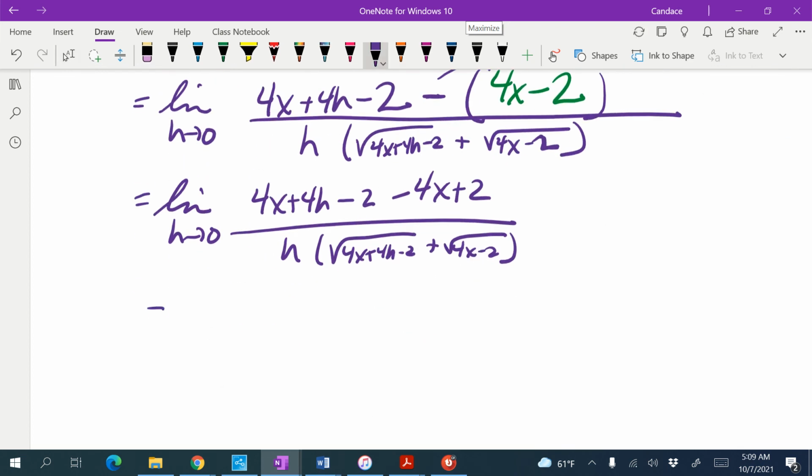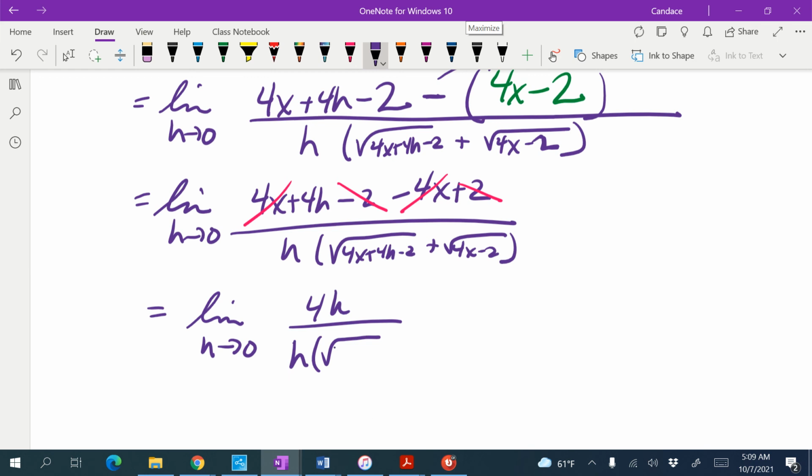All right, now let's look at that numerator. Does anything cancel? It looks like the 4x's are canceling, the 2's are canceling, so I am left with the limit as h approaches 0 of 4h over h times the square root of 4x plus 4h minus 2 plus the square root of 4x minus 2.